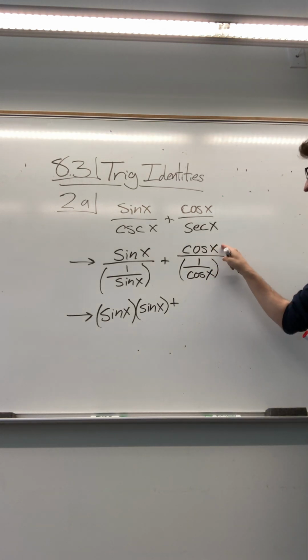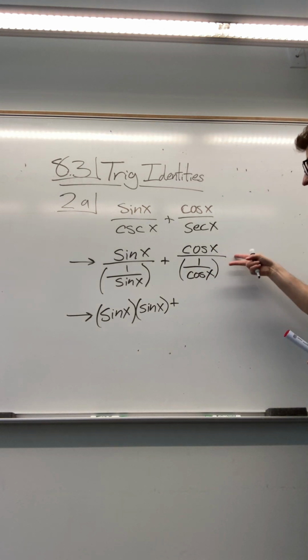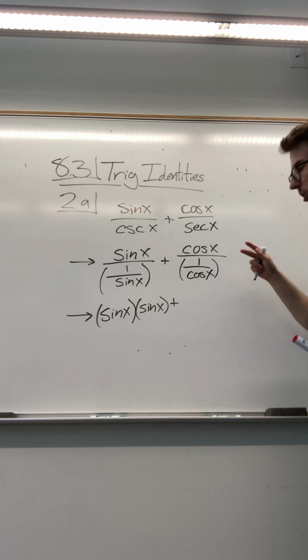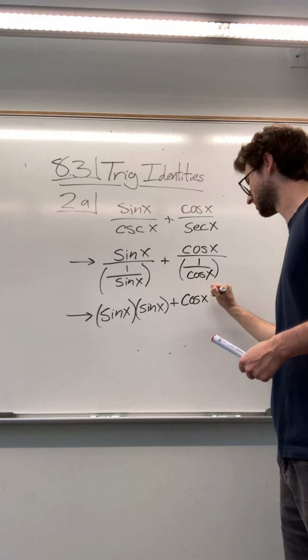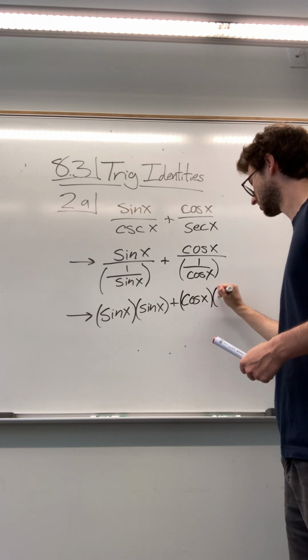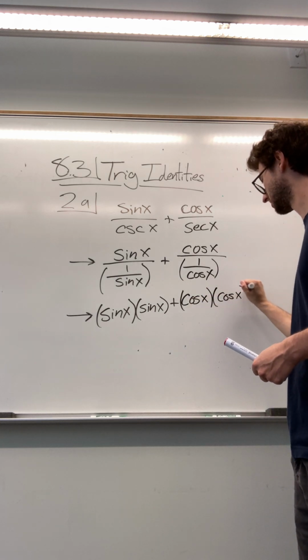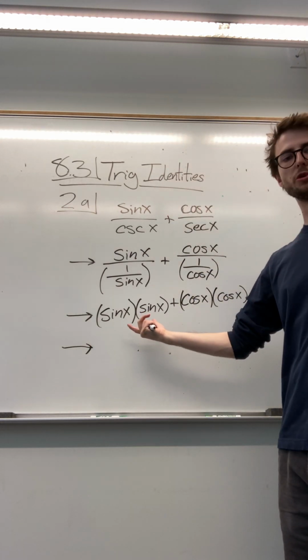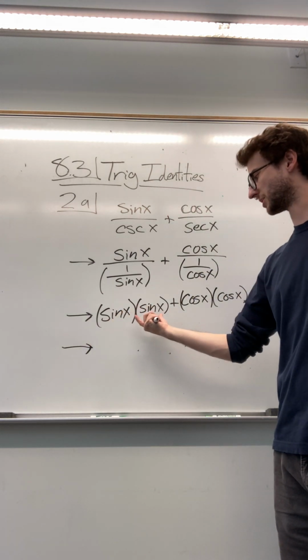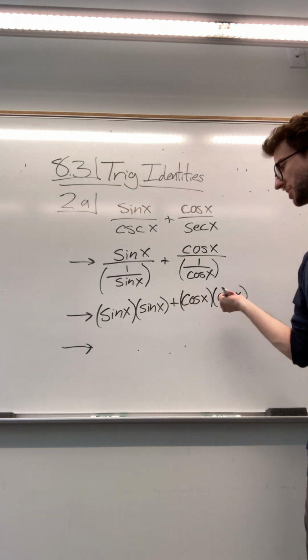And for this term, I multiply by the reciprocal, so I multiply by cosine x over 1, or just cosine x, and I get cosine x times cosine x. And here's what we mean. This is just something times itself plus something times itself.